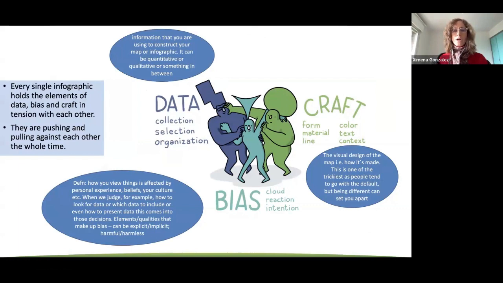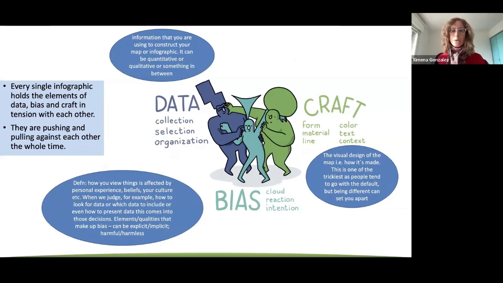So when we judge how we look at the data, or which data to include, or which data to present or collect, sometimes your bias creeps in. You have to be aware of that, and be aware that whoever's infographic you're looking at might have a bias. What data did they include, and why did they include that data? Maybe they're trying to make me go in a specific direction. So we need to consider these things.